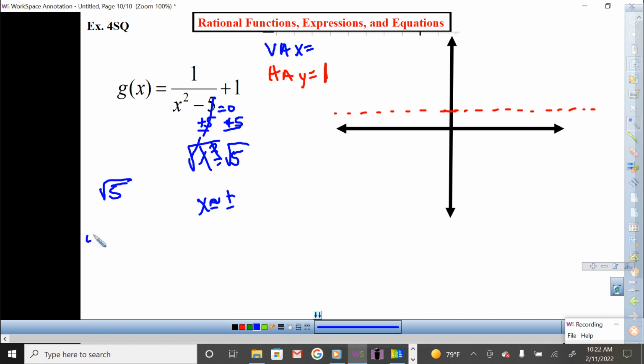It's in between what? 4 and 9. Right? 5 is in between 4 and 9. Okay, so what is square root of 4? 2. Square root of 9, 3. So this has to be between 2 and 3. So this is going to be plus or minus 2 point something, approximately.